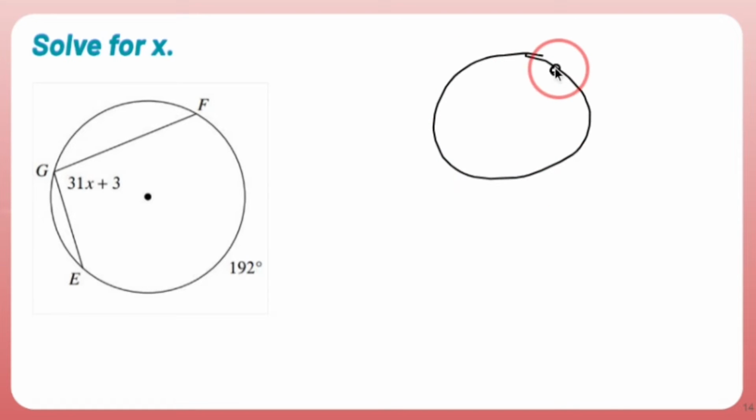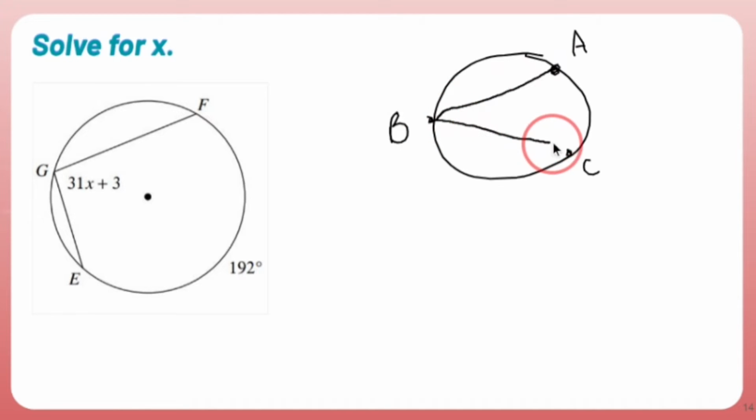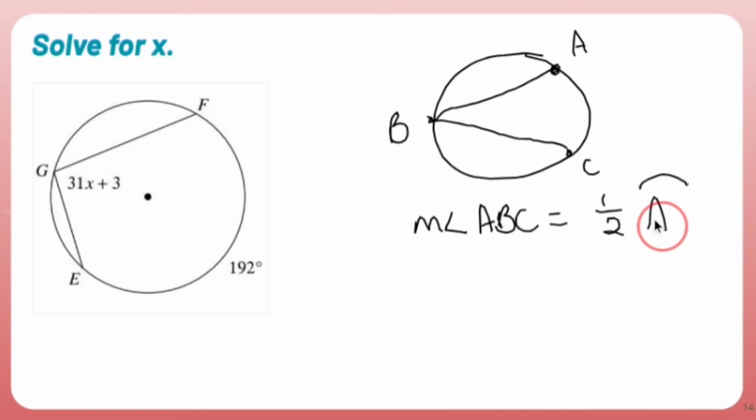If I were to say A, B, C, the inscribed angle, the measure of angle ABC is going to be half of the intercepted arc, half of AC.